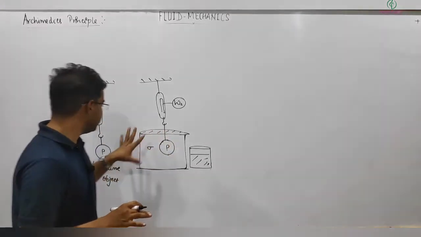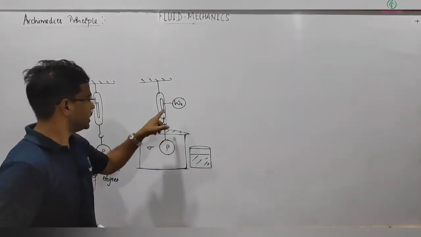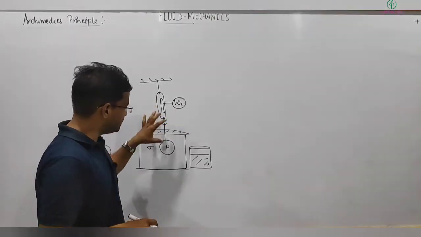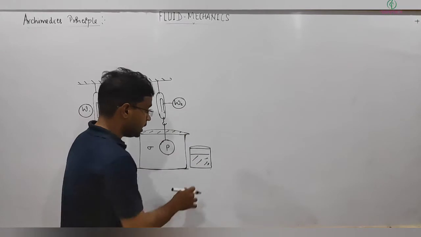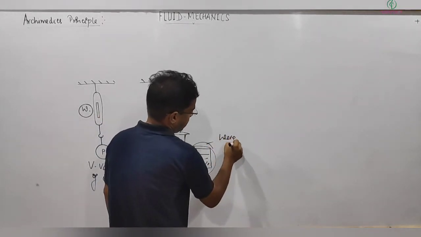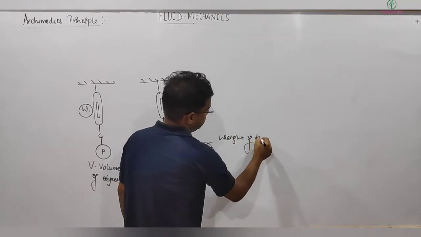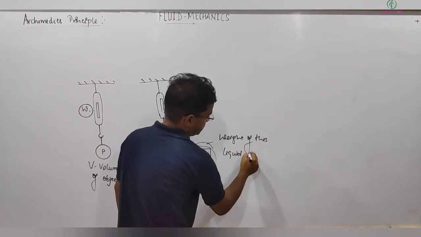So first, we consider this system, a spring balance, and the reading we take when the object is completely submerged is W2. This weight is taken, and the fluid that is taken out, the weight of this liquid, is measured.